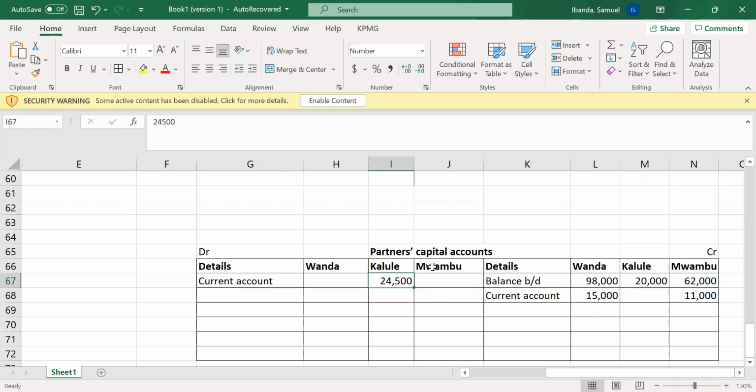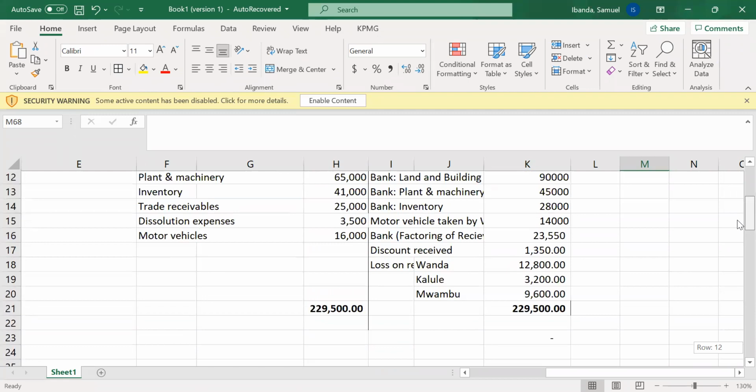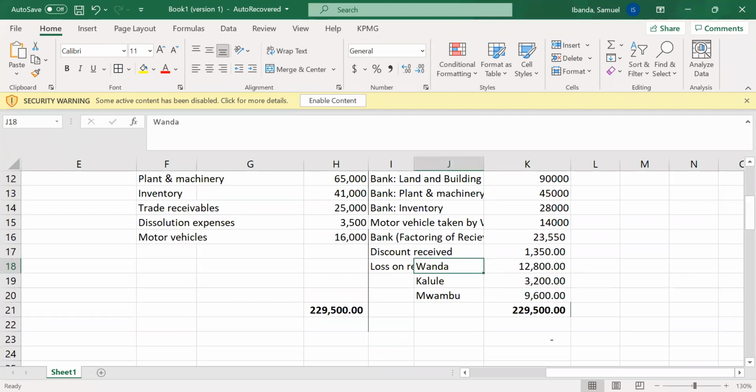Now, remember we had some values in the realization. So the next thing I'm going to do is to take into consideration what we had in terms of the share of the realization loss.